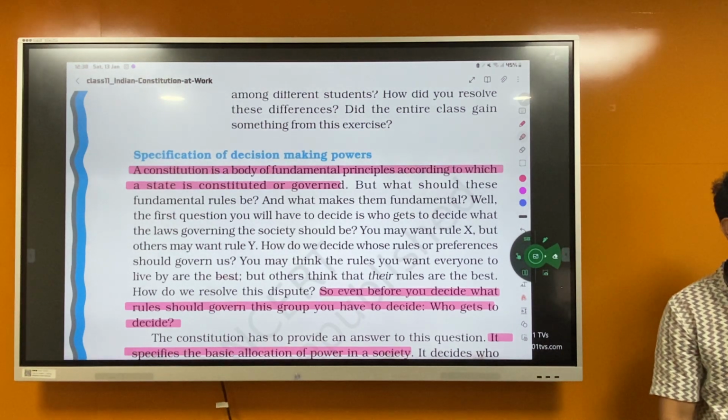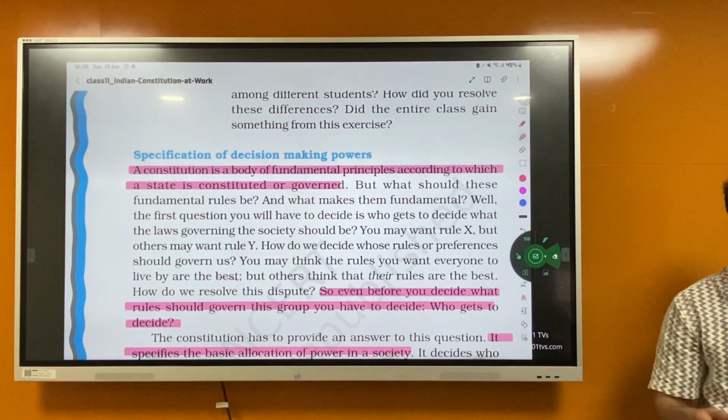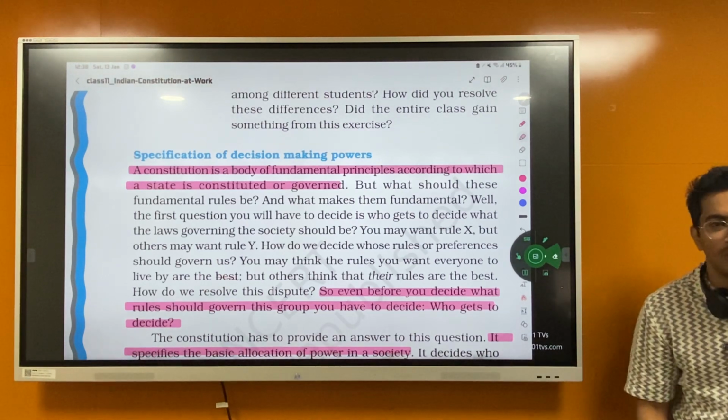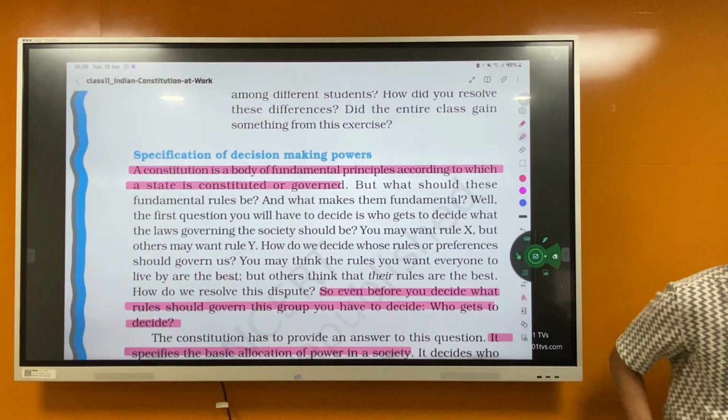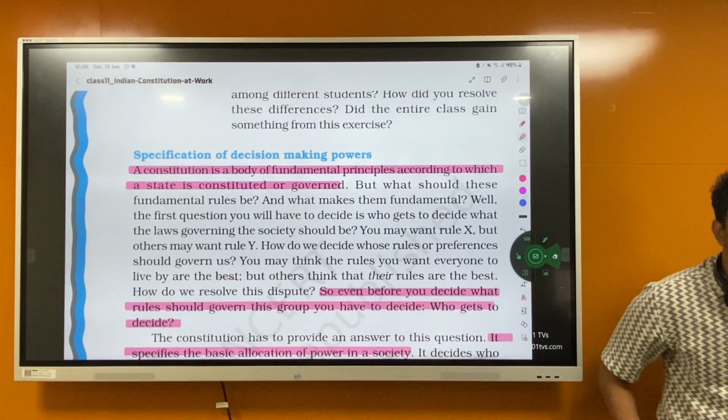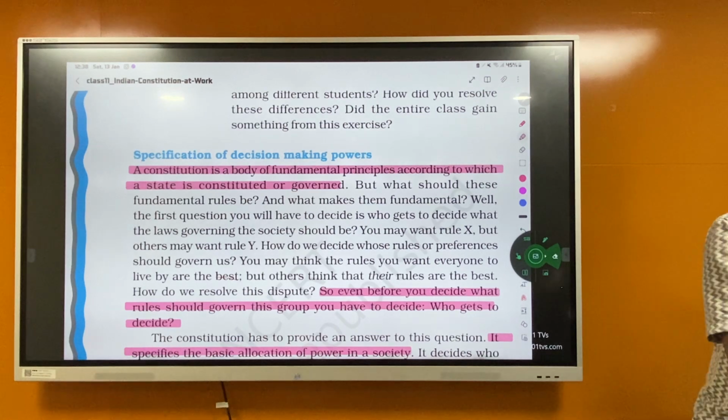Well, the first question you will have to decide is who gets to decide what the laws governing the society should be. Who makes the laws, first of all? In India, who makes the laws? Parliament. And in state? Vidhan Sabha, right? But from where do they get their power to make laws? Who is allowing them?